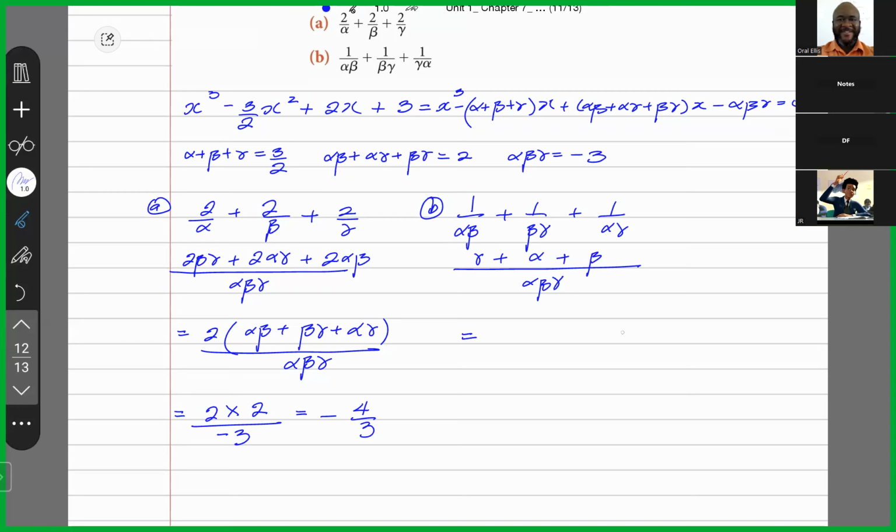So here, this would be the sum of the roots, which is 3 over 2, divided by the product of the roots, which is minus 3. Dividing by minus 3 is the same as multiplying by minus 1 over 3. The 3's cancel. The answer here is minus a half.